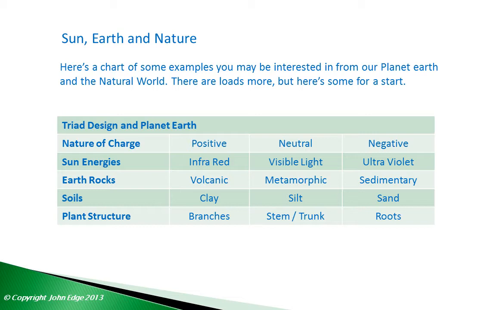One is volcanic, one is metamorphic, and the third is sedimentary. And soils that result from various interactions on our planet have three types, three different natures: clay, silt, and sand. And as we've noted, the plant system, the plant structure, has branches, stem and trunk, and roots. There are lots of examples, but that's just some examples to get things going.